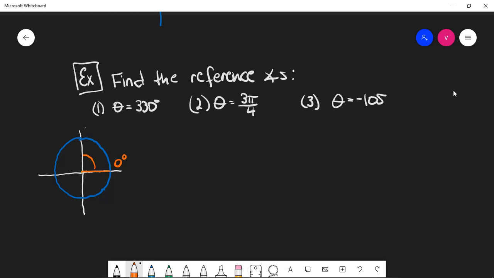There's 90, right? This is 90. This is 180. This is 270. And then one time all the way around would be 360. So it's going to go all the way around to somewhere here in the fourth quadrant, right? And it's going to end up here in the fourth quadrant.